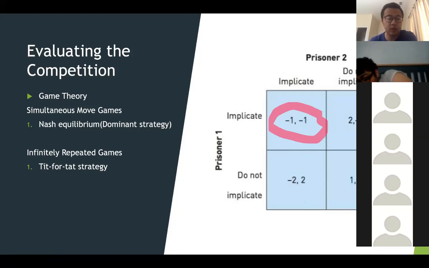For an infinitely repeated game, there is another strategy called the tit-for-tat strategy. That means you can repeat the game again and again, so you don't need to move simultaneously.